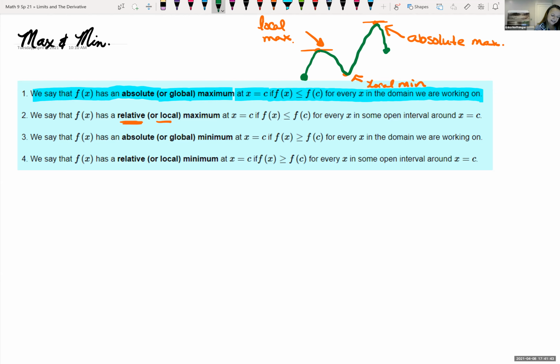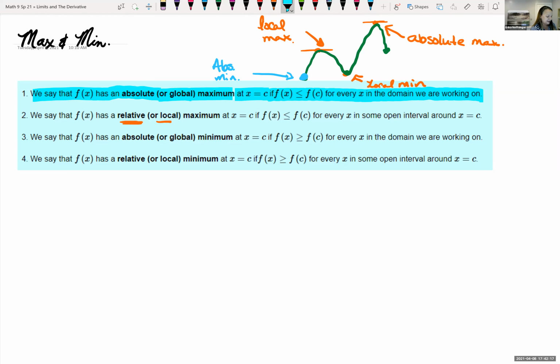If I did that, then I would actually have an absolute max and an absolute min in here, and it could occur on the endpoint. So notice that this point right here is the smallest point that happens on the graph. So if that was the case, we would call this the absolute min. So that's just kind of what's going on pictorially when we're looking at these.